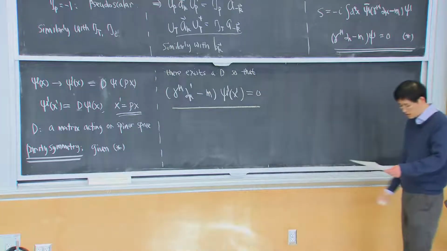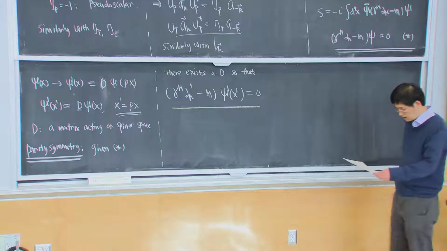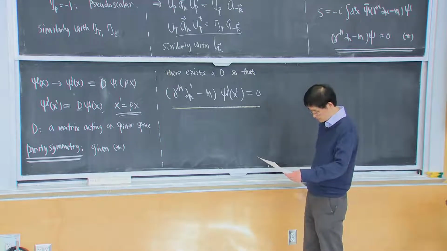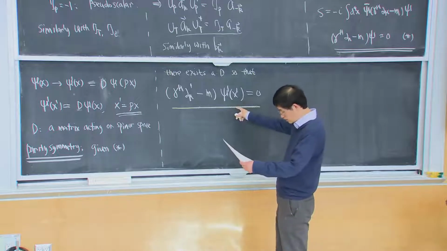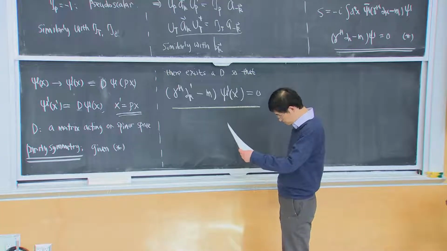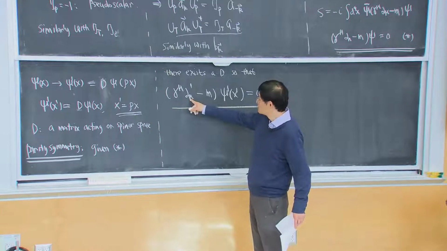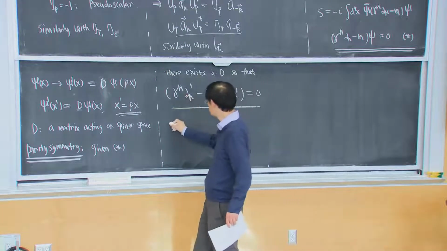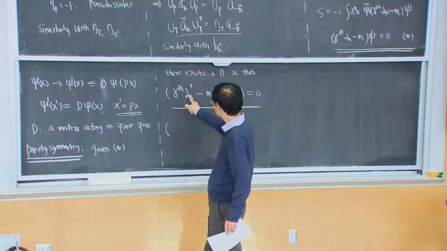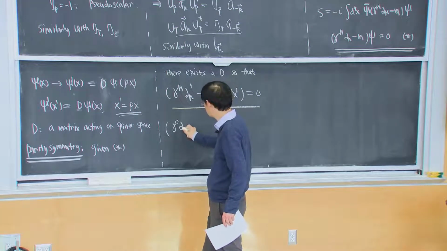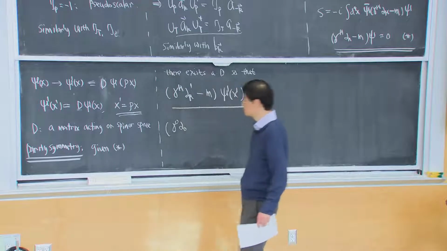So this is easy. Now let's look at this equation a bit and write it more explicitly. Partial 0 prime is the same as the original partial 0, because you don't flip the time direction.